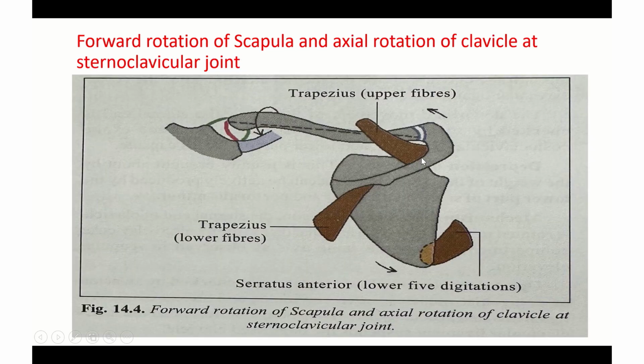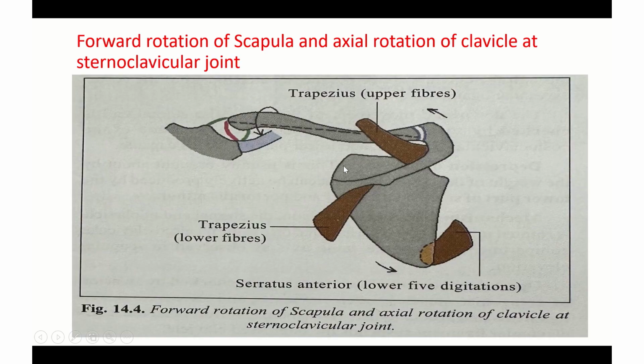You can see here the upper fibers and lower fibers of trapezius and lower fiber slips of serratus anterior, they are helping in the forward rotation, which is predominantly observed by the forward swing of the inferior angle of the scapula, where the glenoid cavity will face vertically upwards.